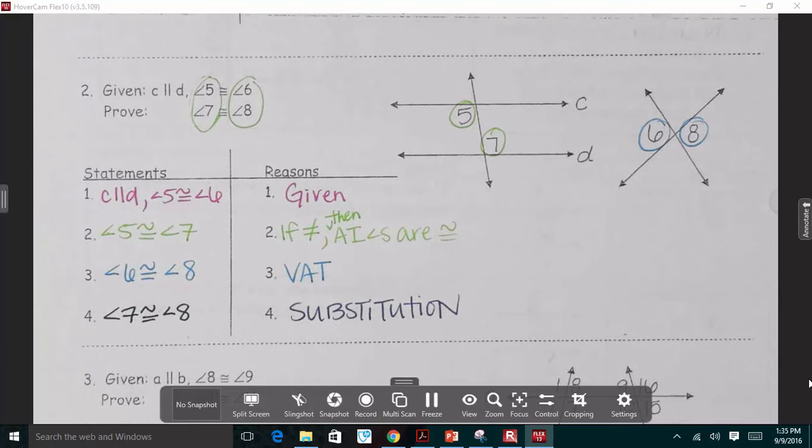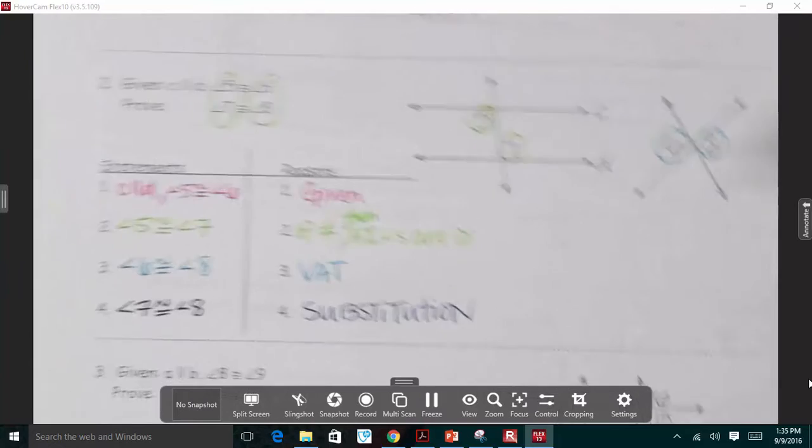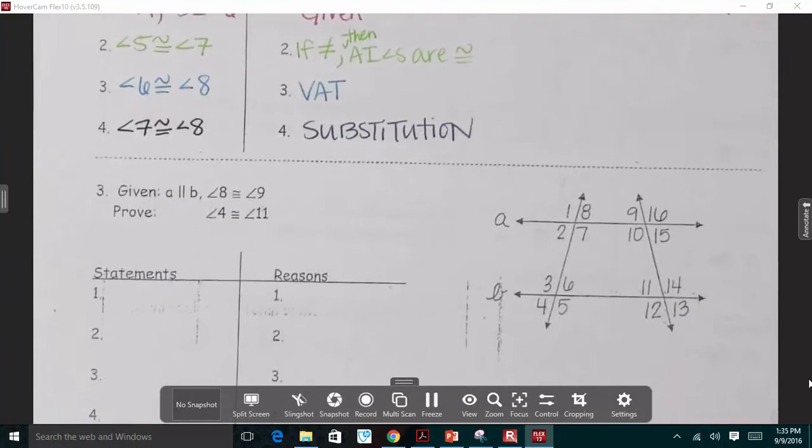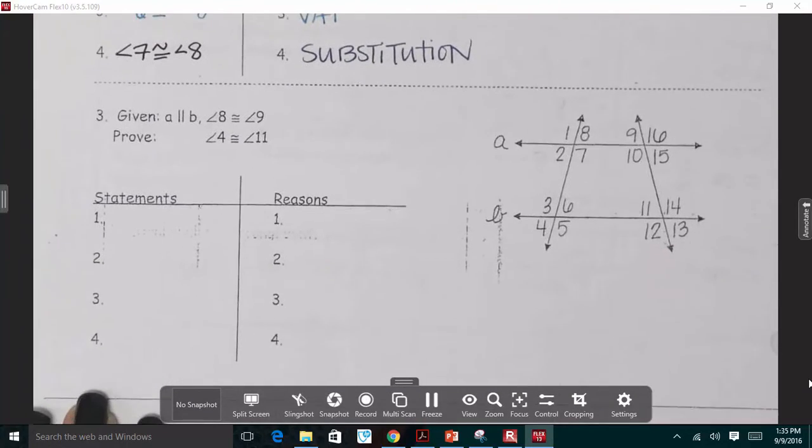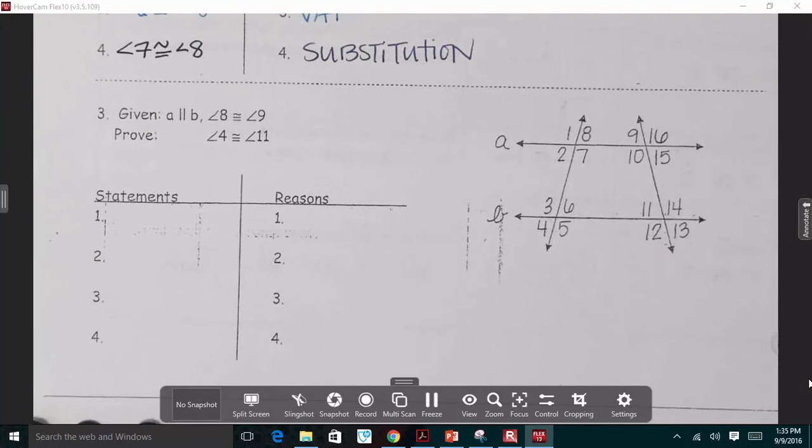Okay. Do I have any questions so far about any of the steps? Okay. Let's look at one that's a little bit different. So number 3, we don't have 2 different figures. We only have 1. Is that going to change our first step? No. What is our first step always? The given.